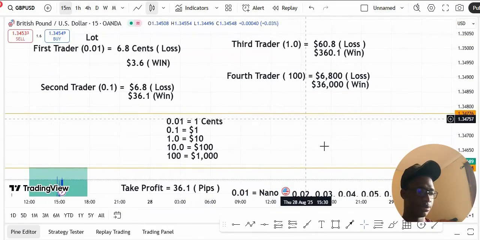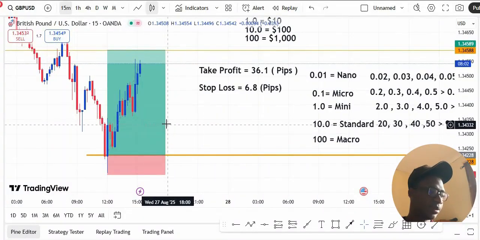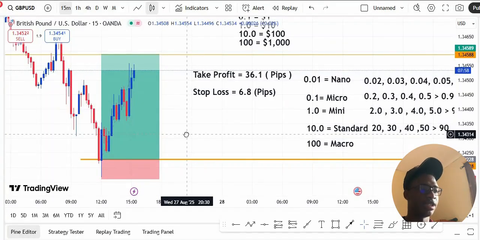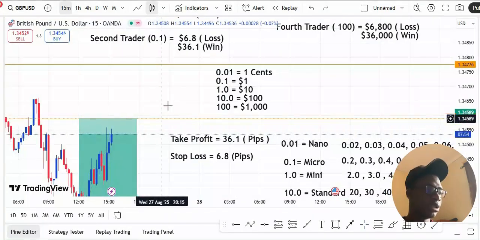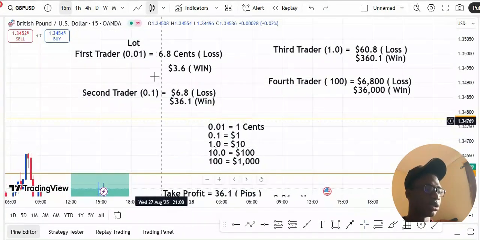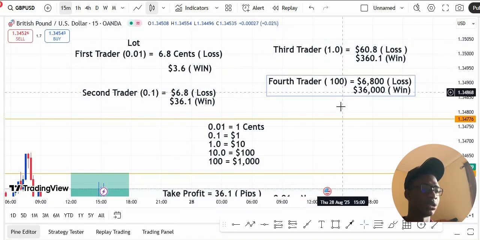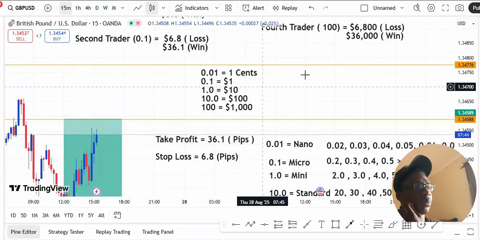So these four traders go into the market with the same analysis and entry, the same stop loss, and the same take profit. The only thing they don't have in common is their lot size, which is 0.1, 0.1, 1.0, and 100.